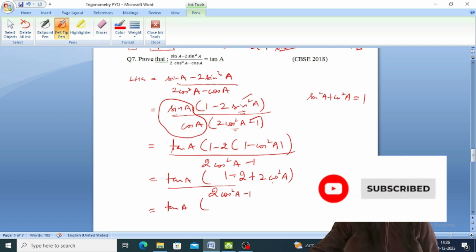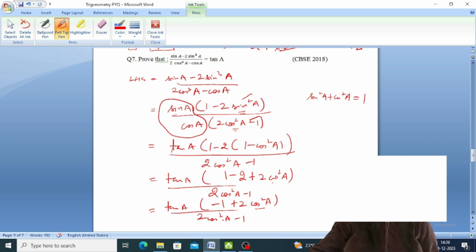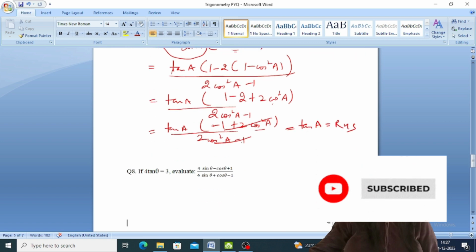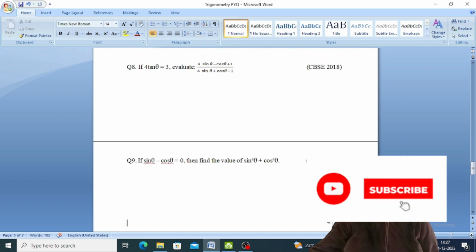So the 1 minus 2 is minus 1 plus 2 cos square A upon 2 cos square A minus 1. Now see, these two terms are the same, 2 cos square A minus 1, and they cancel out, which equals tan A, and this is your RHS. This completes your question number 7. Come to question number 8 now.